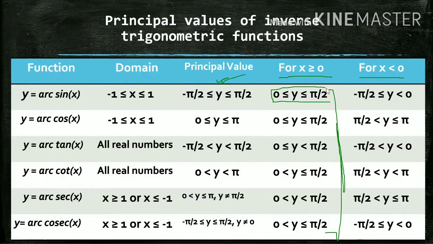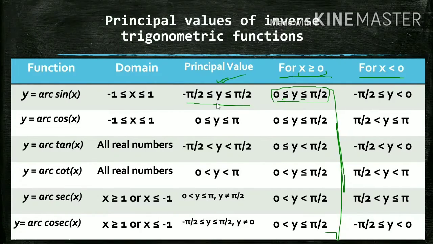You need to include 0 to pi by 2 in every interval for x greater than or equal to 0. So everywhere you need to write y, 0 and pi by 2. Now whether to include the end points or not depends on the principal value.